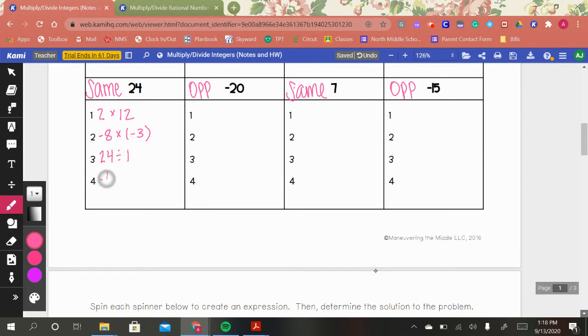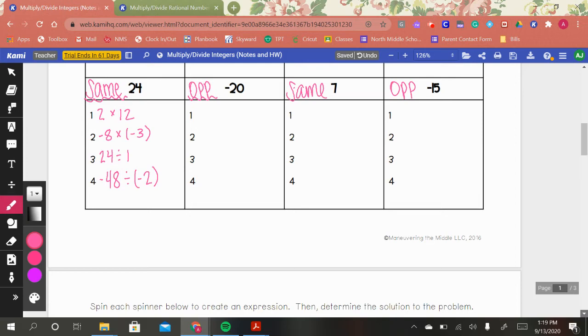And then we could have -48 divided by -2. Again, if you are working these out and you come up with something different, as long as you are following what it says right here, same signs for a positive answer or opposite signs for a negative answer, that is the most important thing.